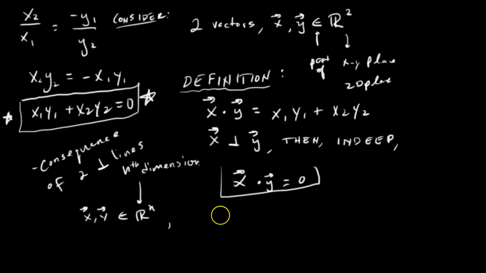The dot product between x and y is always going to be the sum of their products of components. So x1 y1 plus x2 y2. But since we have n dimensions, this keeps going until we get to the nth dimension. So xn yn. And let's say n was the 20th dimension. It will go until x20 y20.